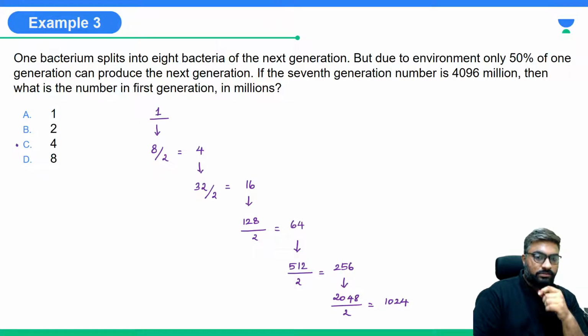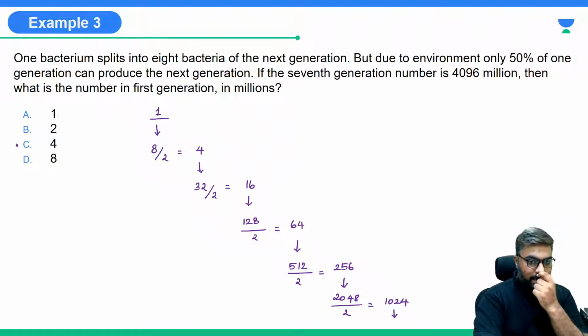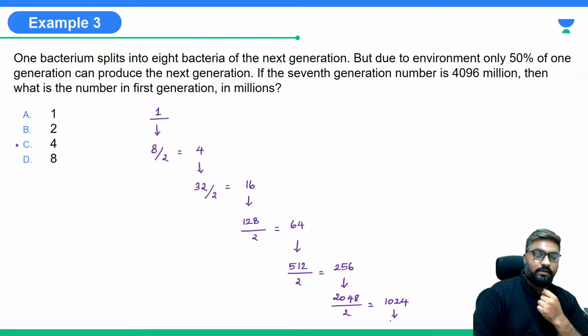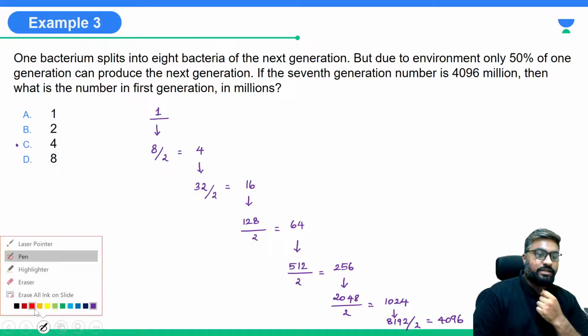Now what will happen in the 7th generation? 1024 into 8 becomes 8192. What is half of 8192? 4096. Yes, half of 8192 is 4096. So this is the 7th generation.